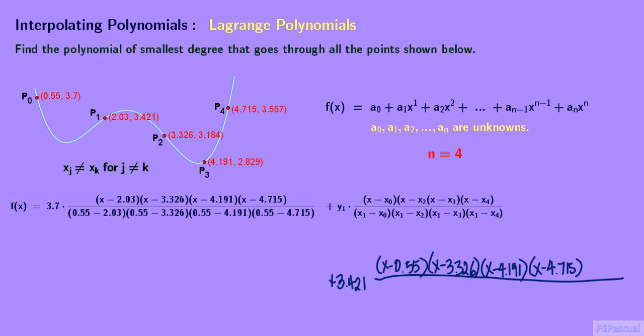In the denominator, we're subtracting everything else from x sub 1. The first factor is x sub 1 minus x sub 0, or 2.03 minus 0.55. We skip x1 minus x1, and so it's x1 minus x2, or 2.03 minus 3.326.